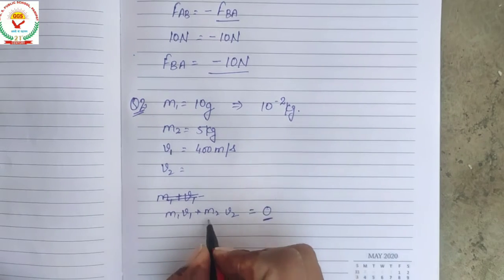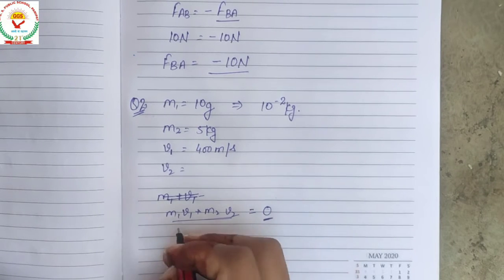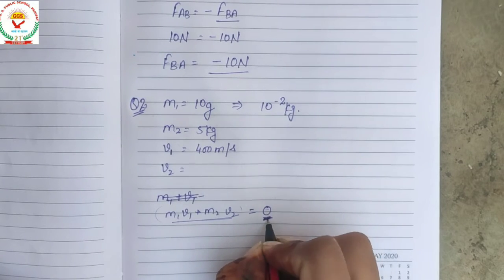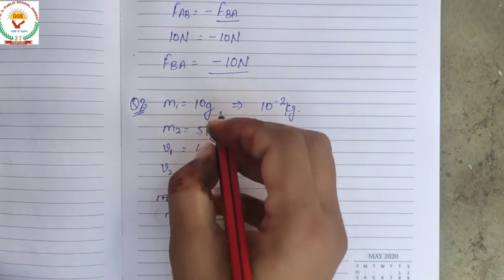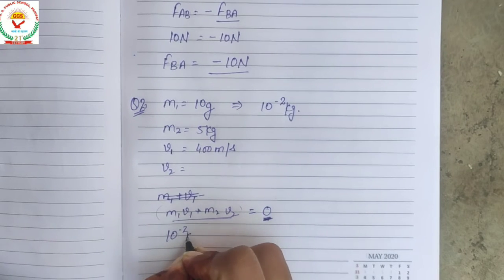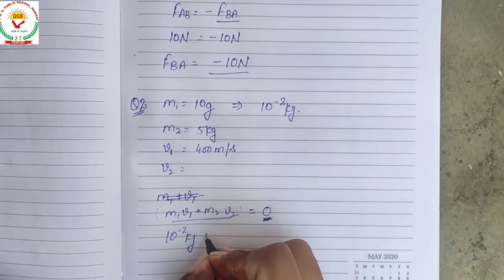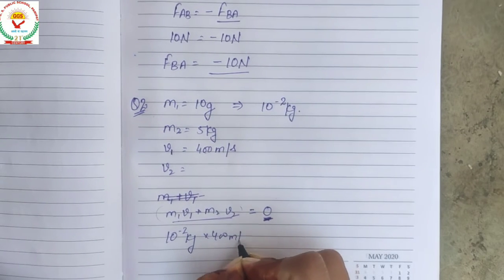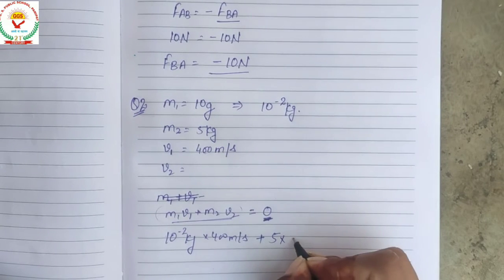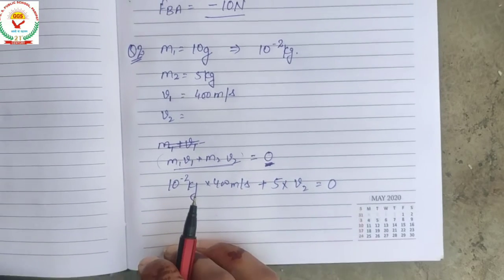So we need to find out only the recoil velocity of the gun. Now putting the values, M1 is 10 to the power minus 2 kgs into V1 is 400 meter per second, plus M2 is 5 and V2 we have to find out, equals to 0.